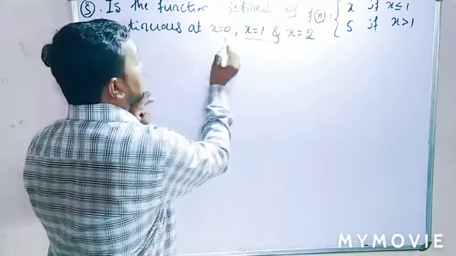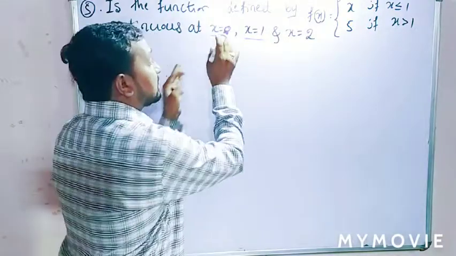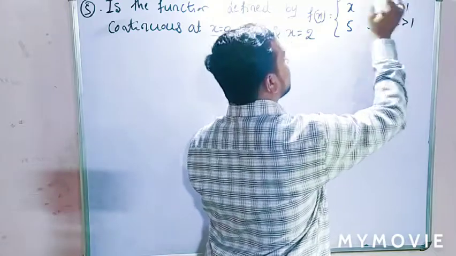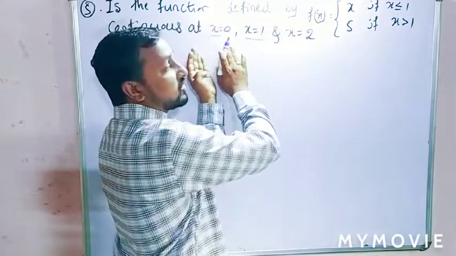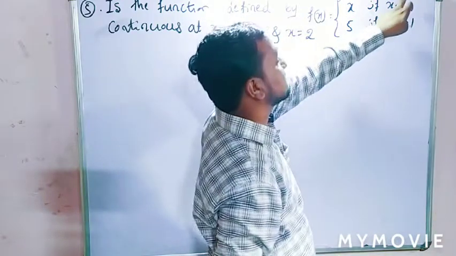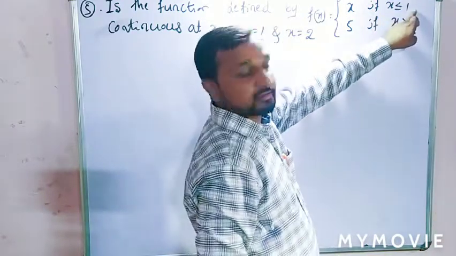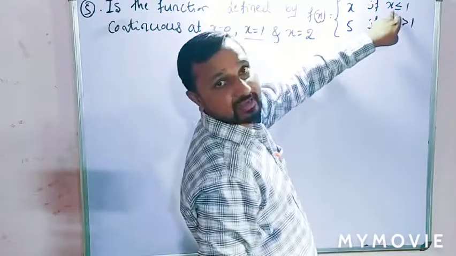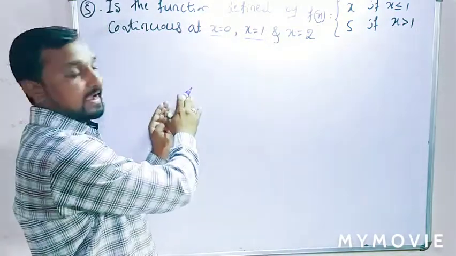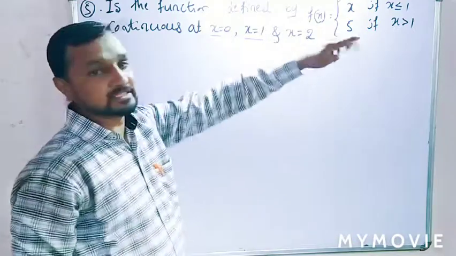For continuity at x equal to 0, the condition x less than or equal to 1 applies, so the function at x equal to 0 should be f of x equal to x, because x is less than or equal to 1. The 0 should come in this side. Is that clear? So first of all, I can take x equal to 0, x equal to 1 and x equal to 2.